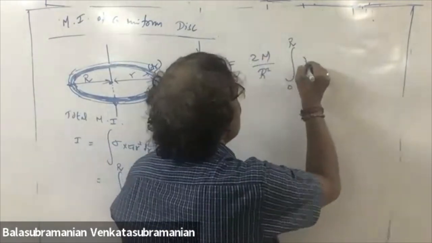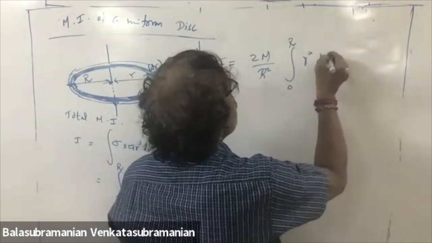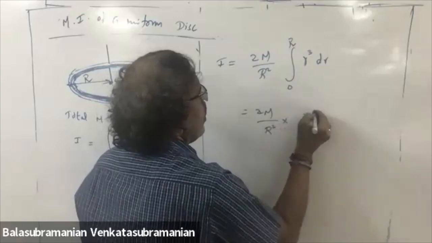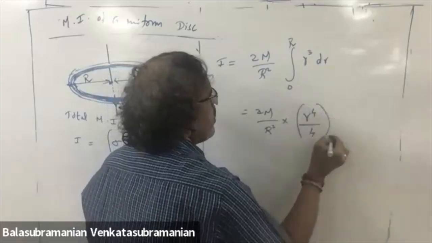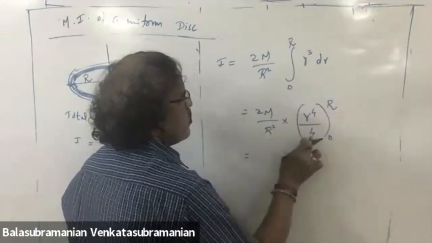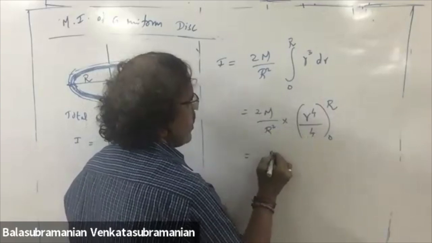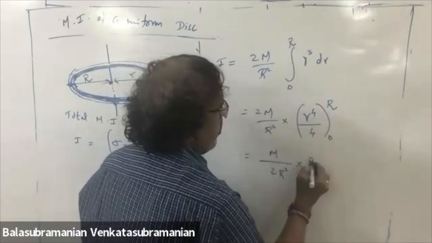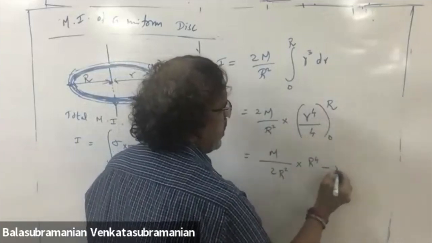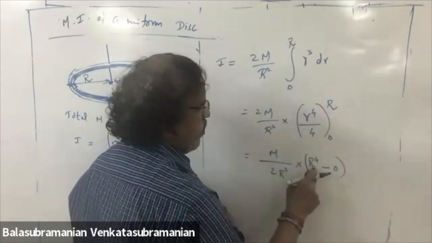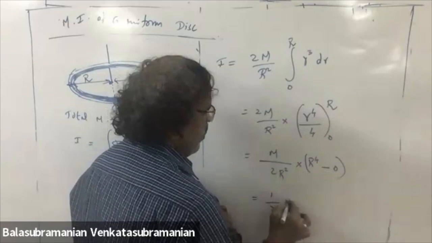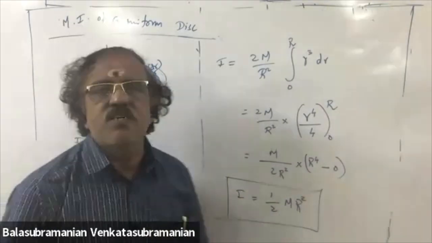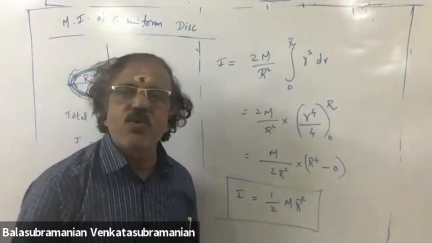So r cube dr gives 2M by R square into r power 4 by 4, limit 0 to R. So 2 and 4 cancel, you will get M by 2R square, this is R power 4 minus 0. R power 4, R square cancels, means half M R square. So moment of inertia of a disk is M R square by 2.